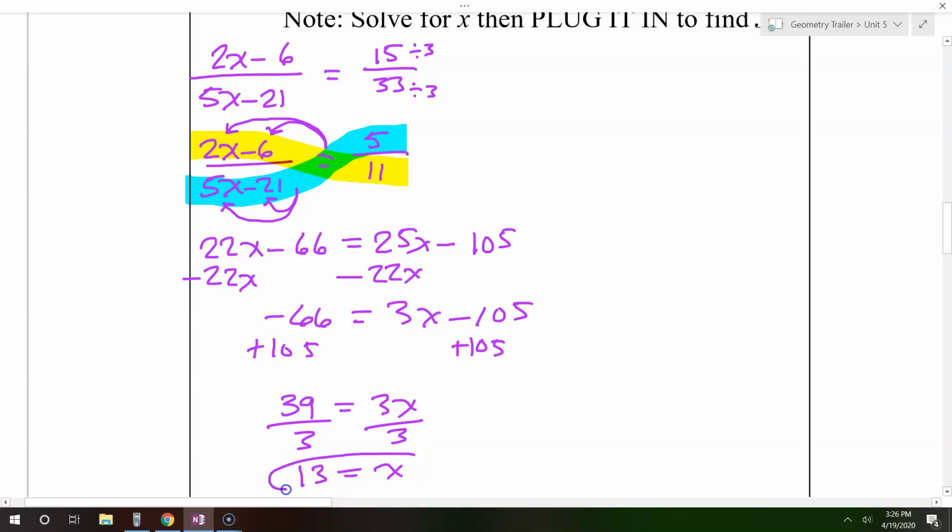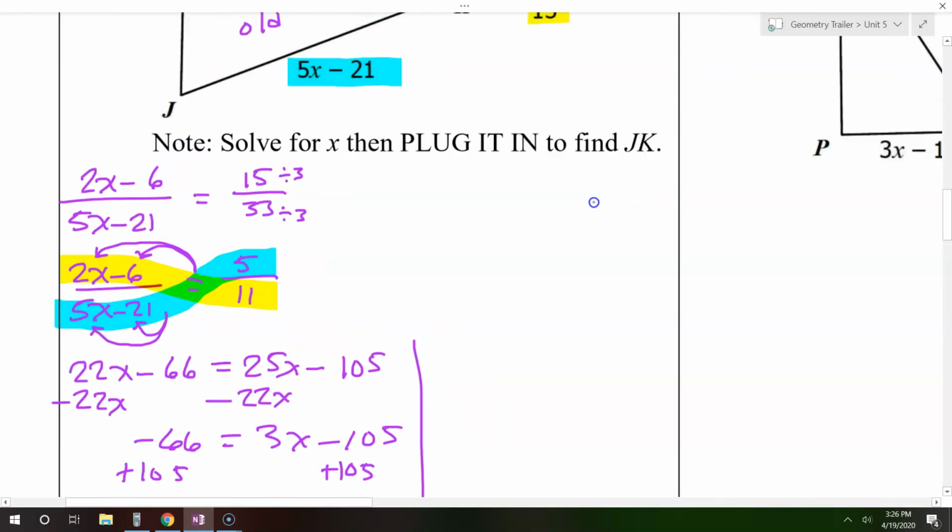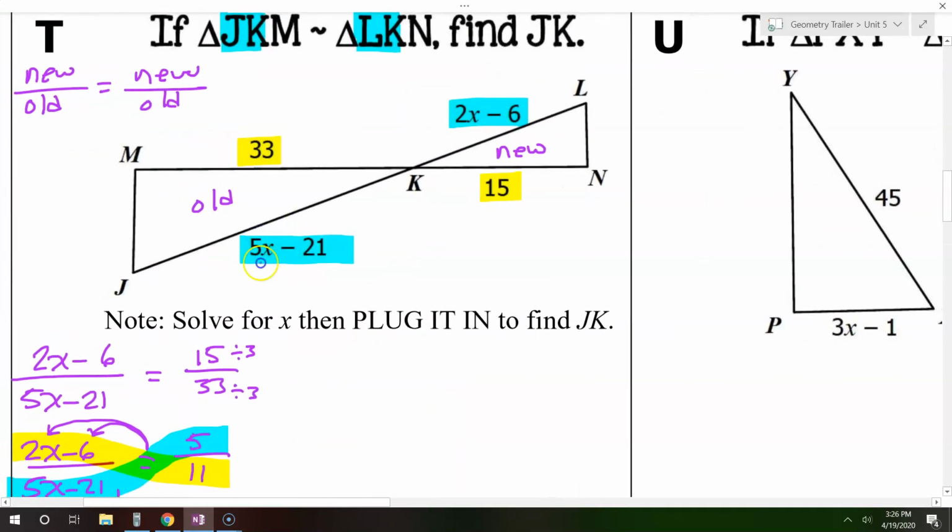Now, this is not the final answer. We have to plug it in to find JK. Here's JK right here, 5x minus 21.